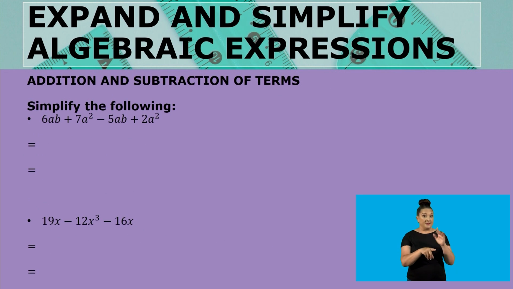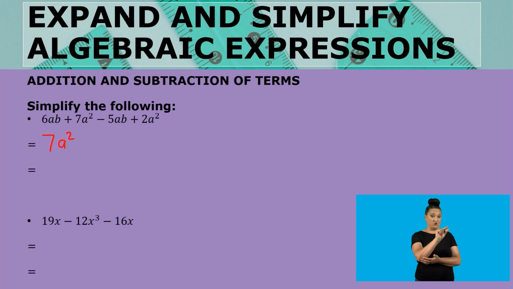Now, when we add and subtract terms, they need to be like terms for us to be able to add or subtract them. Let's look at the first one. We have 6ab plus 7a squared minus 5ab plus 2a squared.